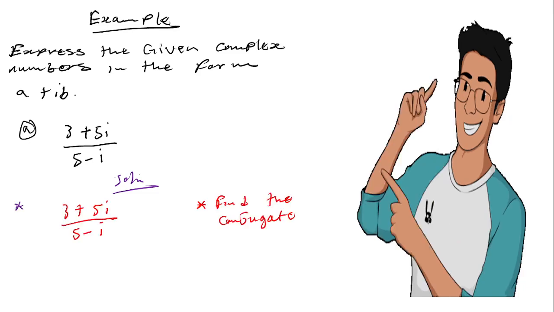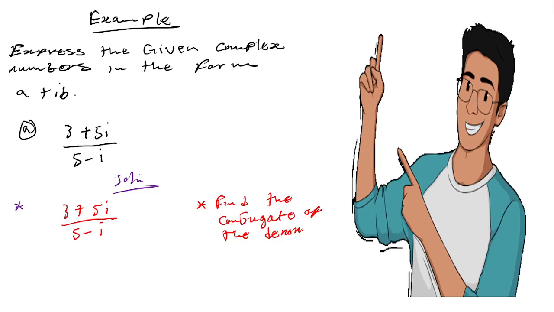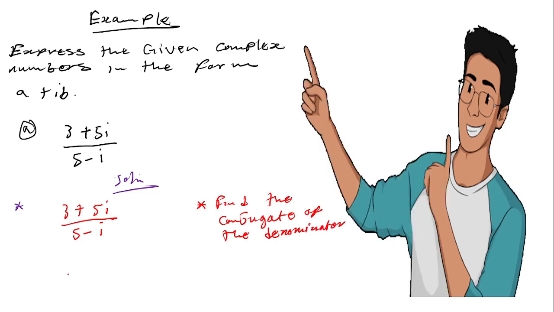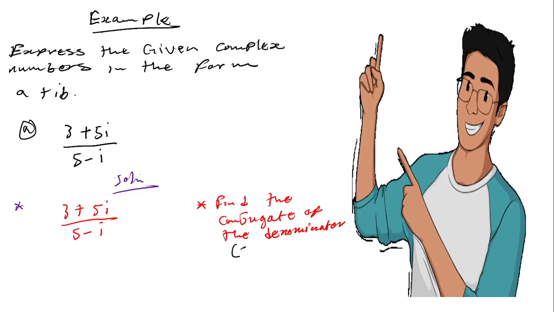Who knows the conjugate of the denominator in this particular case? What is the conjugate? Correct. The conjugate of the denominator in our case is 5 plus i.